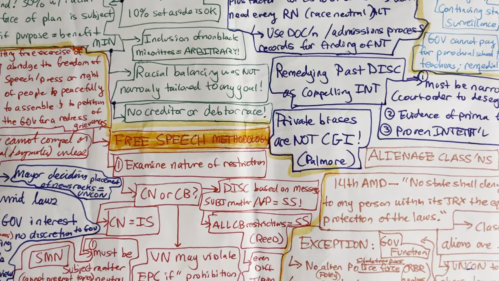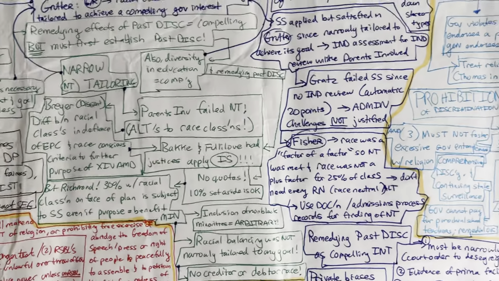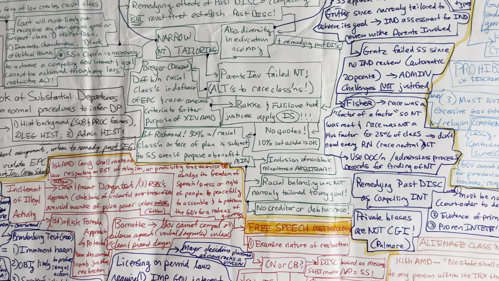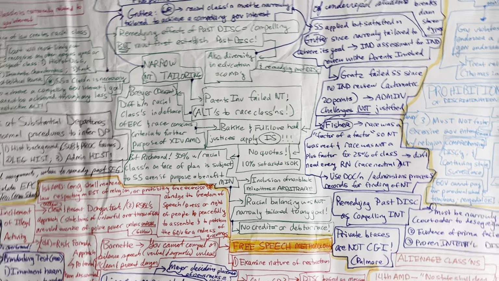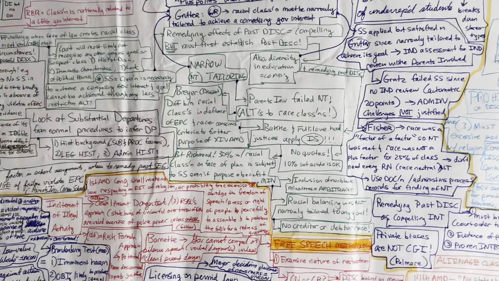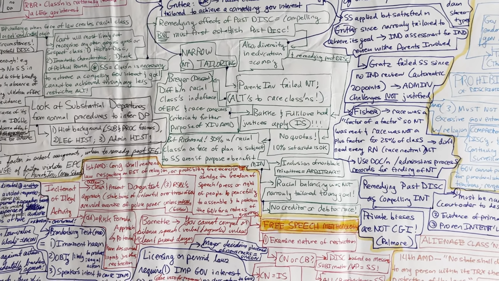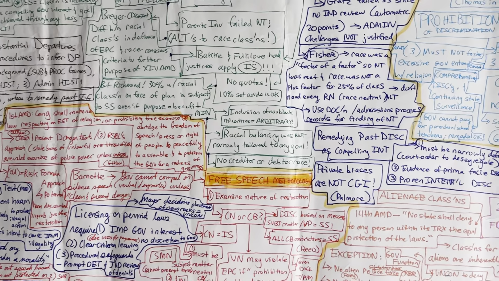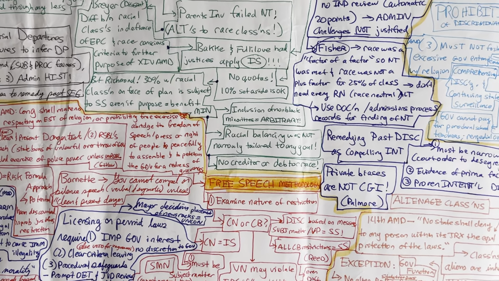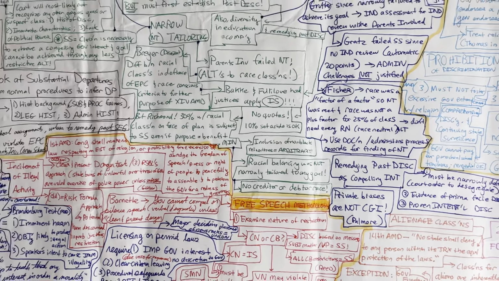So private biases, however, are not applicable here, since we're really applying the EPC to state actors per Palmore. So remember that private biases are not included within the compelling government interests arguments.